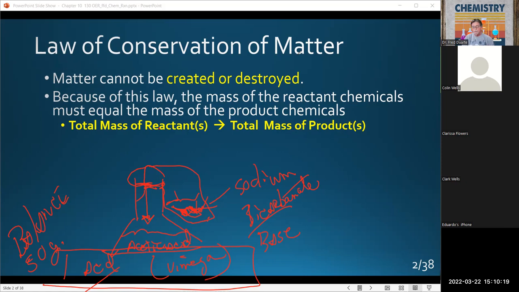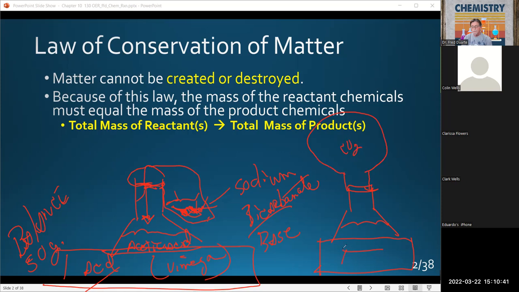One of the products in this particular reaction is carbon dioxide. When I let it run for a period of time, the mixture bubbles up and the balloon fills up with the carbon dioxide.